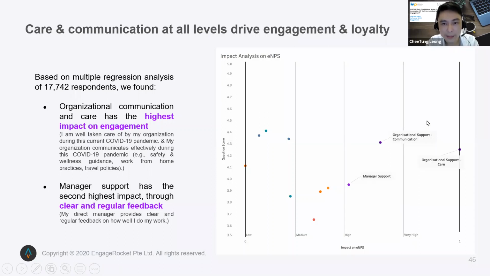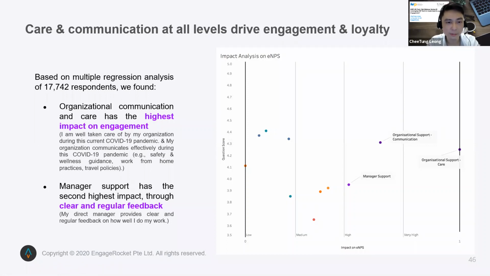The second highest factor that we found was organizational support in terms of the effectiveness of communication that was delivered at all levels. And finally, very interestingly, was the managers. Managers at the team level had the second highest impact behind the organization. The ability to give clear and regular feedback while working remotely was a major factor in terms of whether people felt engaged or not.